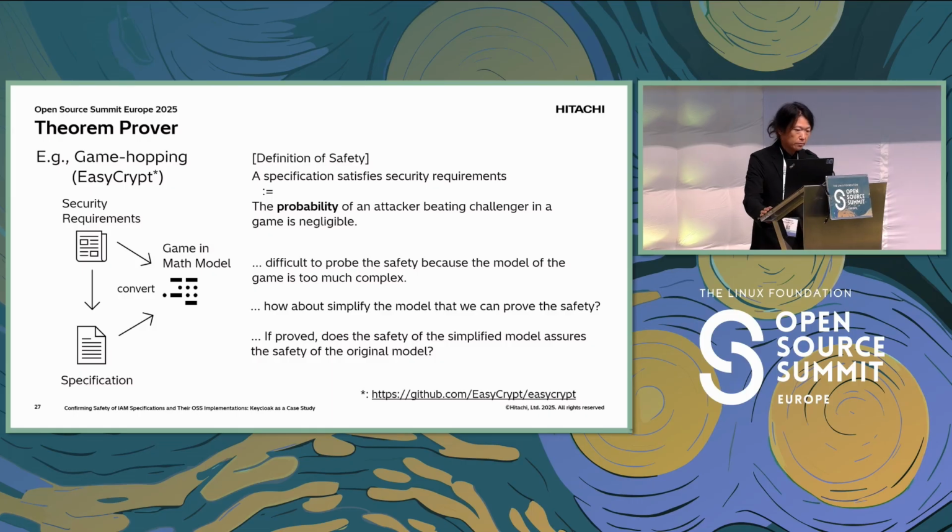This method converts security requirements and specification onto some mathematical game model, and it defines safety as follows: the probability of an attacker beating a challenger in the game is negligible. In this case, the challenger indicates the people who define the specification by following security requirements.